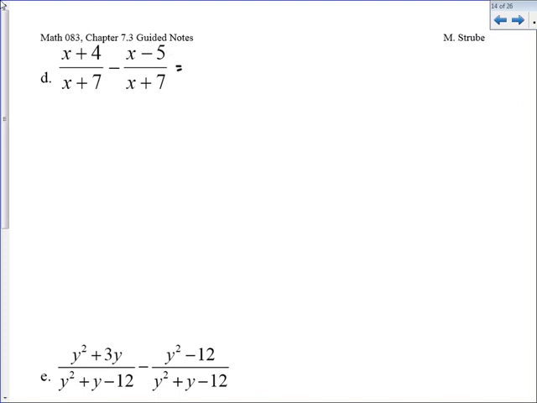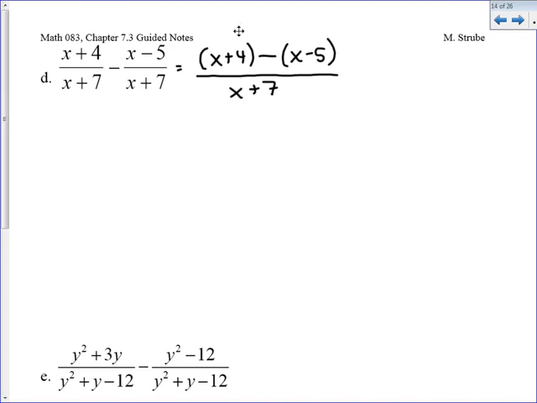It's the first numerator minus the second numerator. This is where those parentheses really matter, over your common denominator. First numerator minus second numerator in its entirety. That's why you have to use those parentheses.